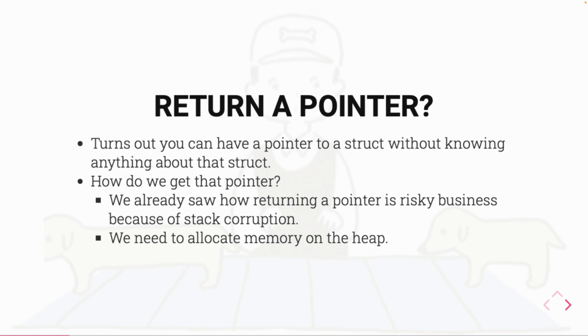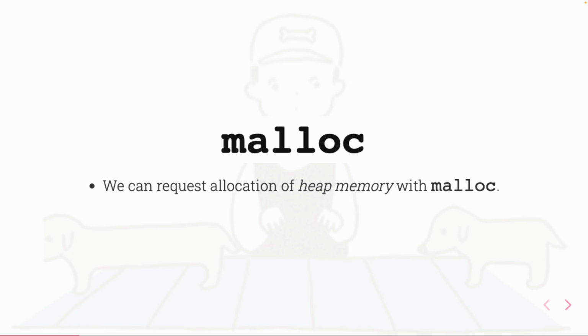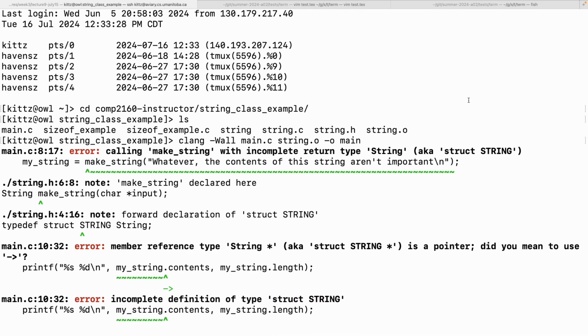And to avoid stack corruption, we need to take advantage of the other big region of memory. We're not going to mess with the code section ever, other than writing code. But anyway, we need to allocate memory on the heap using malloc. So the malloc function requests an allocation of heap memory. So let's take a look at the man page.